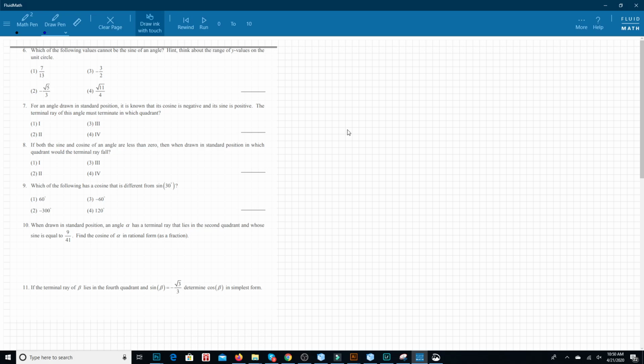Okay, so for 7 it says, for an angle drawn in standard position, it is known that its cosine is negative and its sine is positive. In other words, the x is negative and the y is positive. The terminal ray of this angle must terminate in which quadrant? Anybody? That's the easy one.